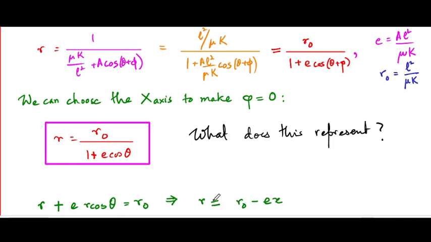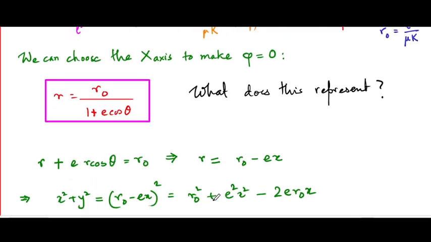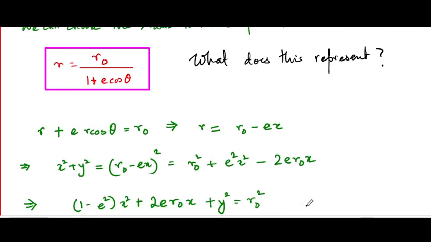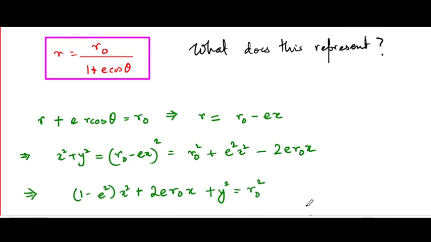Now r is the square root of x squared plus y squared. So the obvious thing to do now is to square this. So what you get is x squared plus y squared equals (r0 minus e x) whole squared, r0 squared plus e squared x squared minus twice e r0 x. And so this is the equation that you ultimately get.